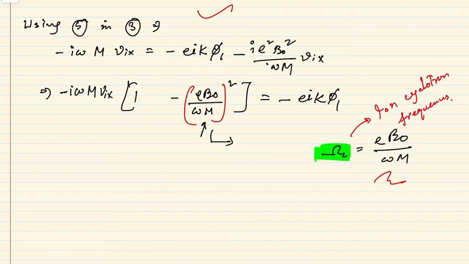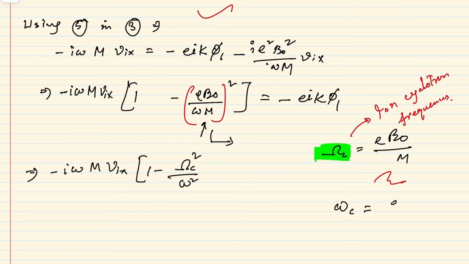Now replace this term by this. Then you will get minus i omega capital M Vix times 1 minus Omega c square by omega square. Sorry, here it should not be omega, only M. For ion cyclotron frequency, the electron cyclotron frequency was e B naught by small m, isn't it?